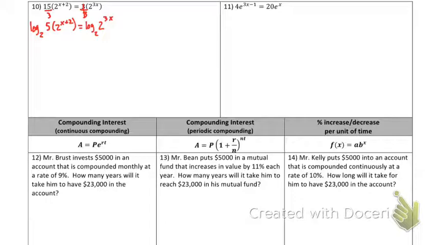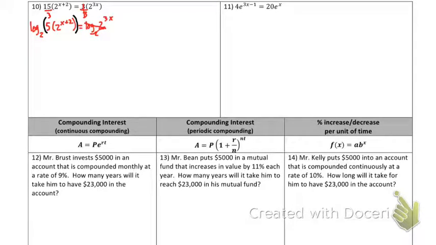So I'm going to add these parentheses so you can understand. Log base 2 is taking all this to log base 2. So what does this look like? Well, we know this has canceled out.